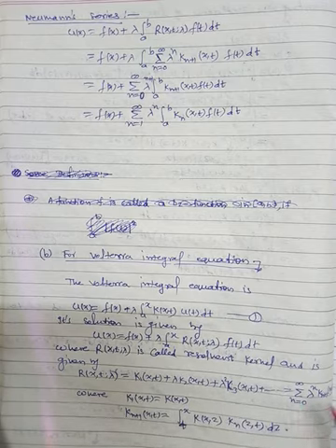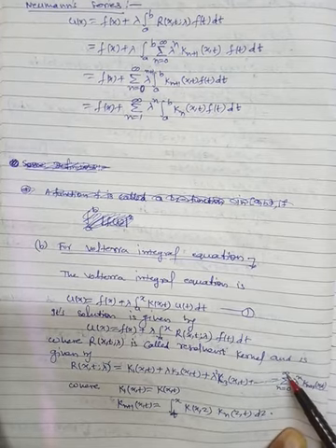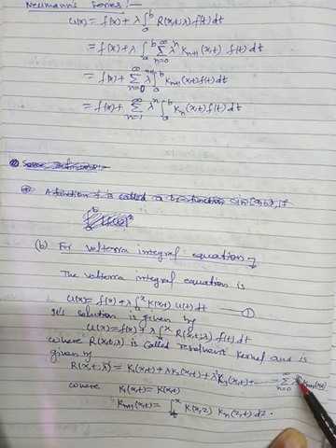In summation form, this is summation n from 0 to infinity lambda raised to the power n K(n+1)(x,t).